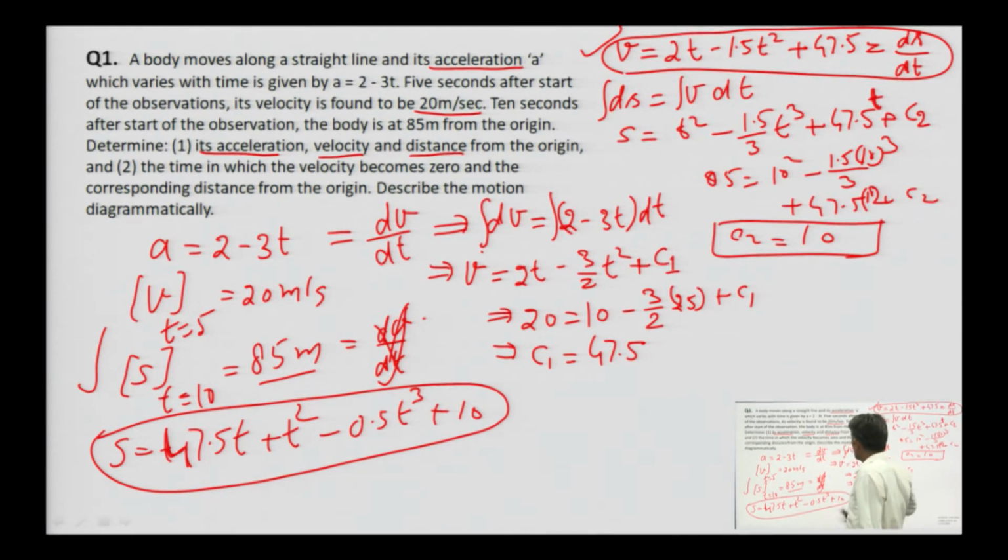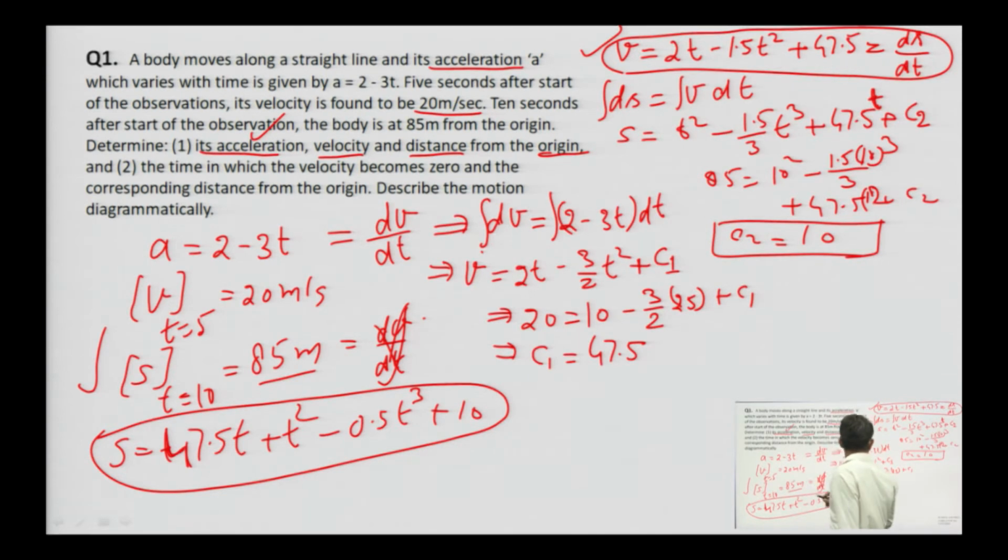So, now calculate acceleration, velocity and distance from the origin. From the origin means t is equal to 0. So, acceleration at t equal to 0 will be what? Put the value of t equal to 0 in this equation.